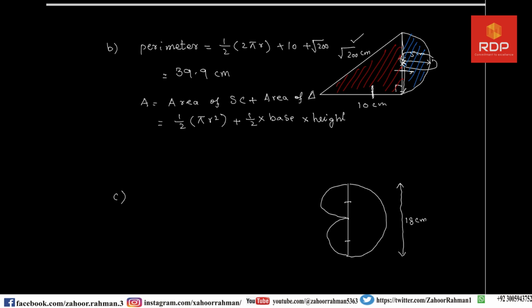So keeping in mind these formulae, we have to calculate and put the values. So I am putting 1 over 2 pi, and radius is 5 square, plus 1 over 2 into 10 into 10, because the height of this triangle is 10 and also the base is 10.